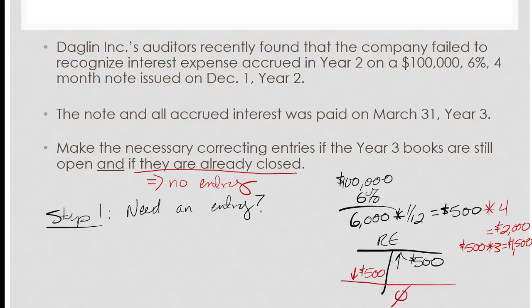Overall, I would have recorded a total interest expense of $2,000. I would have gotten all of that $2,000 into retained earnings. So even though the timing was wrong, retained earnings is right, interest payable is gone, cash really has gone out, the note is all taken care of. So this counterbalancing error will have taken care of itself by the end of year 3.